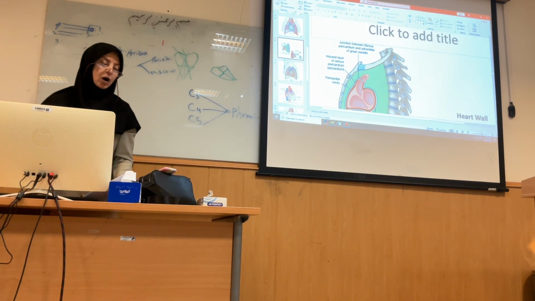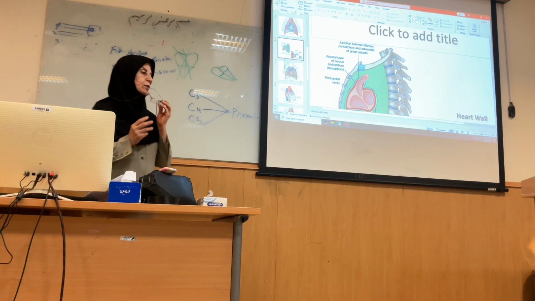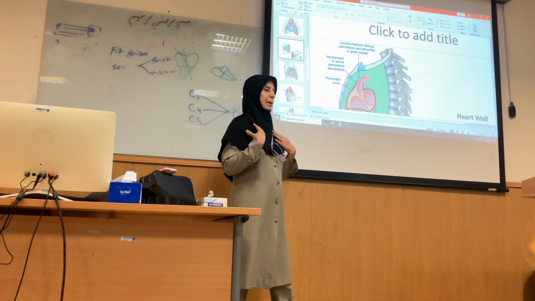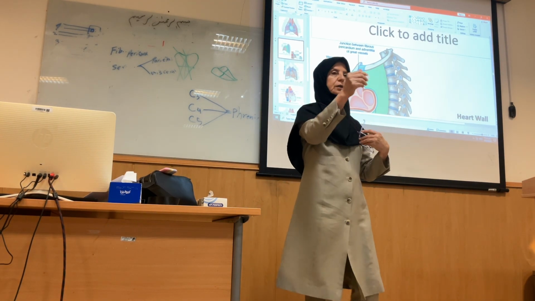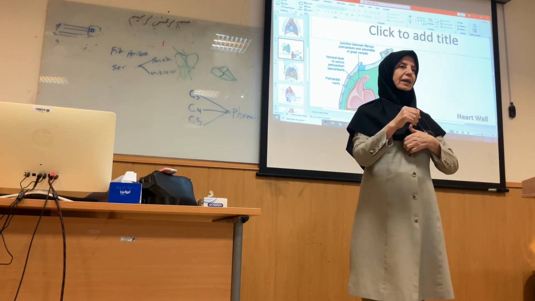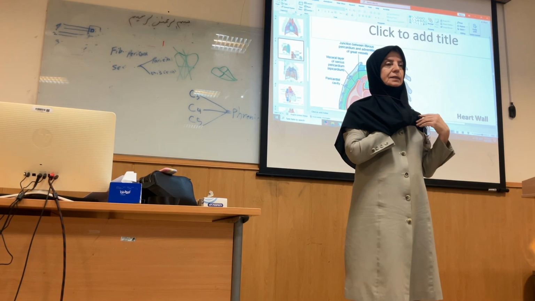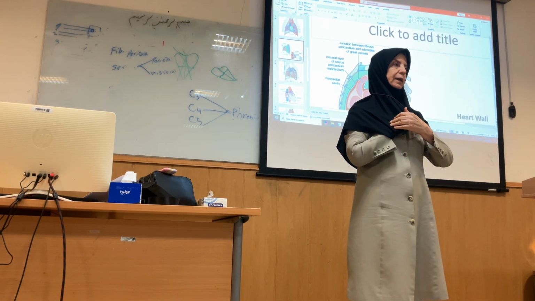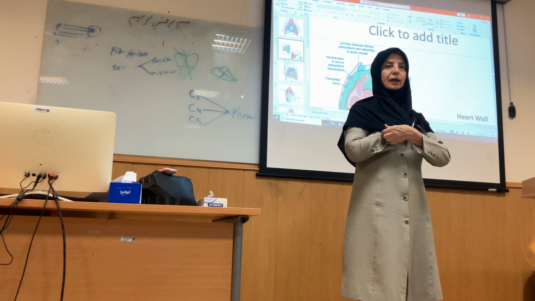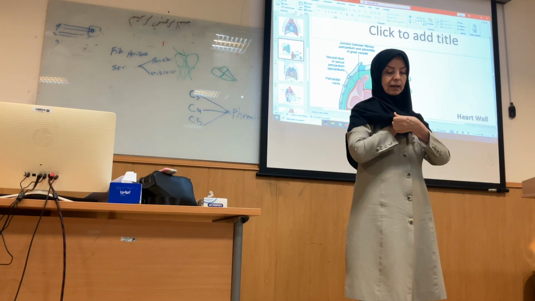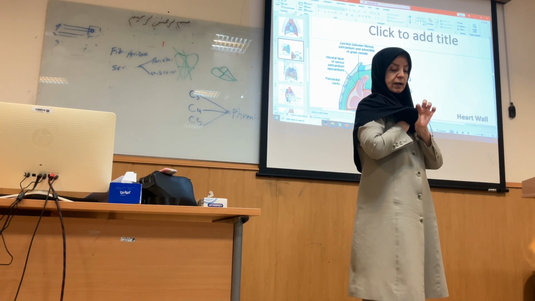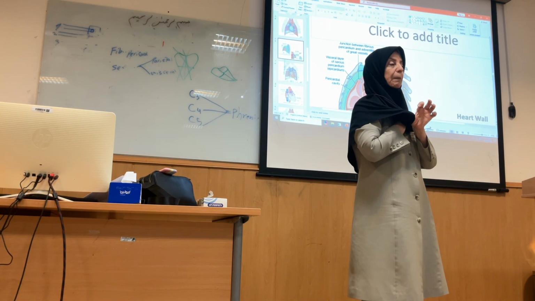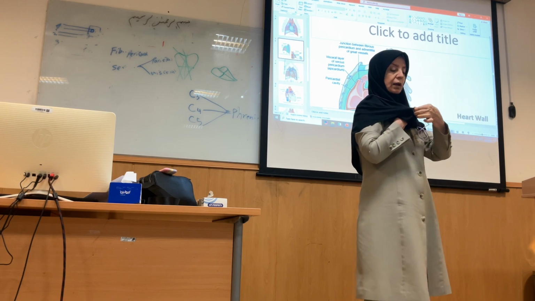If you come to the dissection room, I will show you the pericardium. Imagine, here is the pericardium, and the heart is here. I told you the outer layer is the fibrous pericardium. The inner layer of this, here, we call parietal serous.